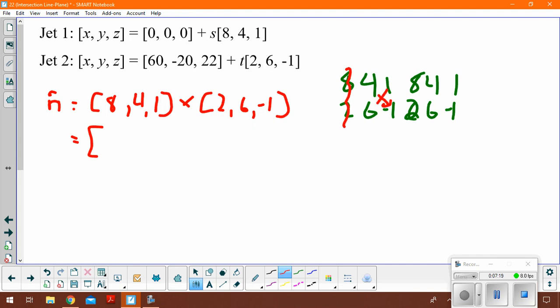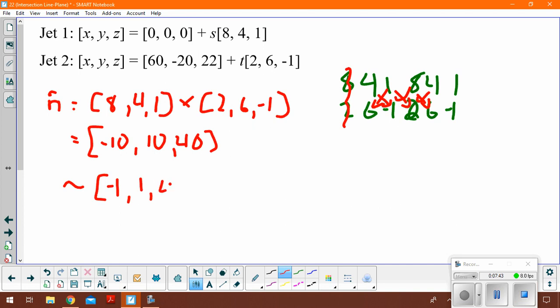So -4 take away 6 is -10. 2 plus 8 is 10. And 48 take away 8 is 40. That's handy. This is similar to (-1, 1, 4). That's very convenient.